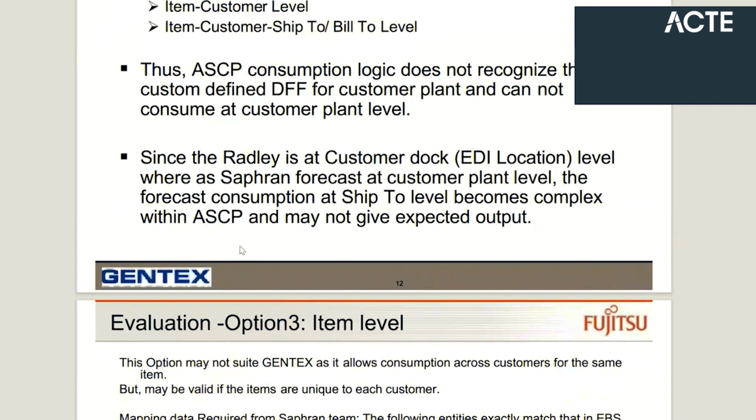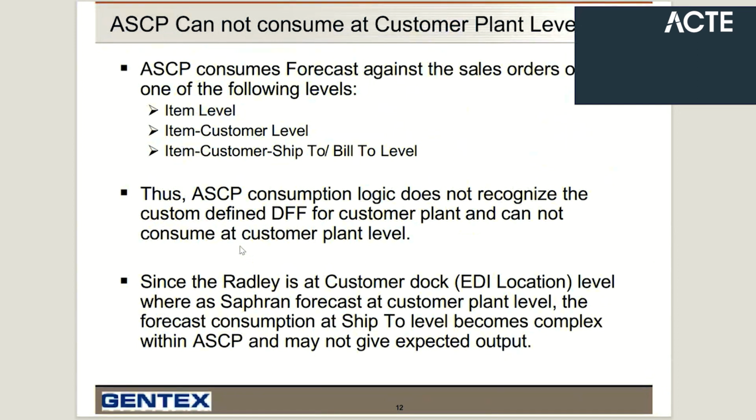Now, there is a customer dock level where you set the forecast at customer plant level. The forecast consumption at ship to level becomes complex with ASCP. So there are three kinds of things which you forecast. You can just predict that this is the item which needs to be 900 quantity, or 500 quantity.